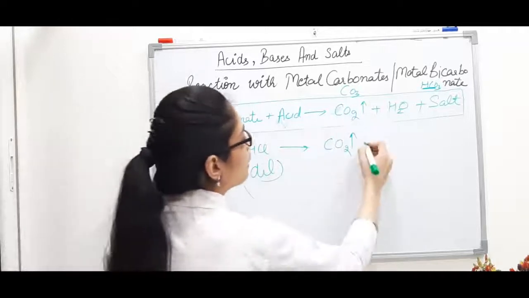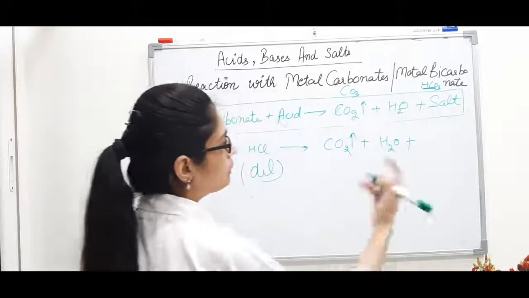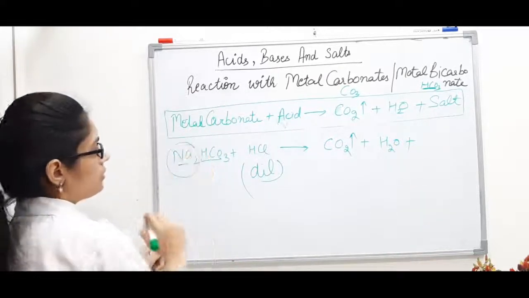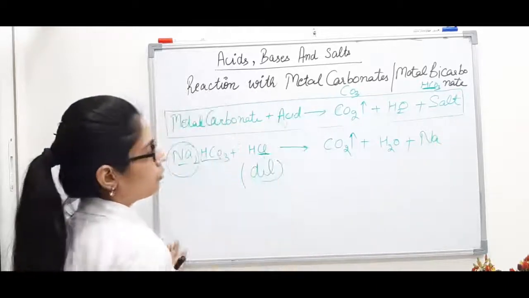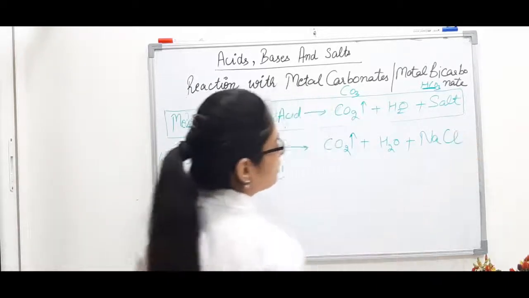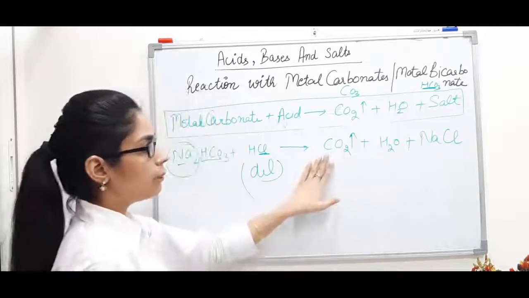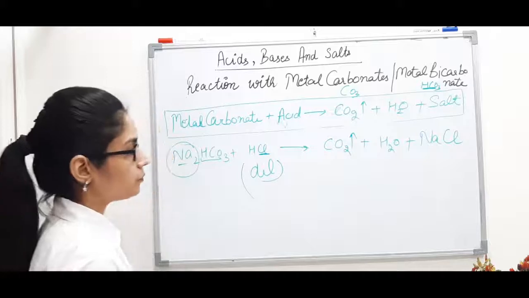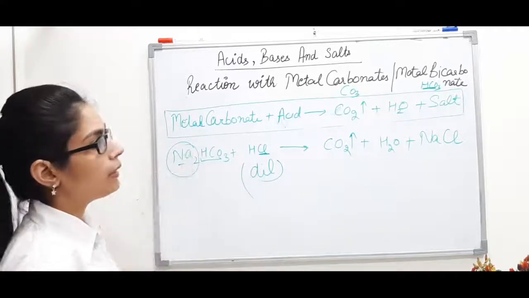Products I have written: carbon dioxide and water will remain the same, plus salt. Salt, this is my metal sodium, and this is the remaining part of the acid. So I will write NaCl. So the salt which I will get is sodium chloride, carbon dioxide plus water. So this was a reaction of acid with metal bicarbonate.